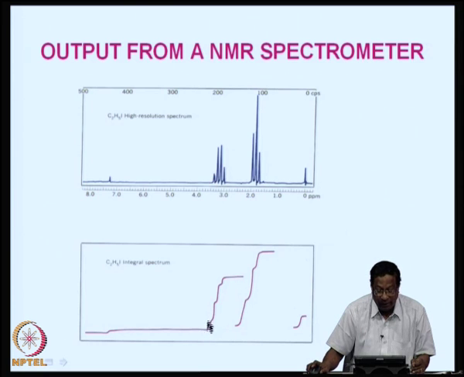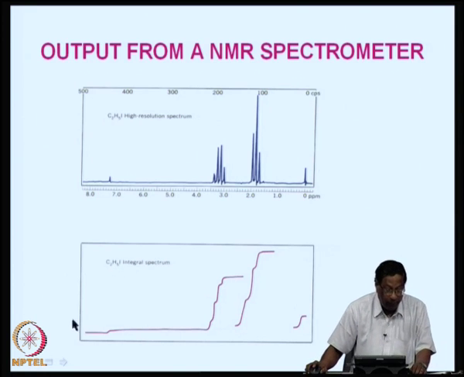For example, the integral in this range corresponds to this peak, and the integral in this range will correspond to this, and the integral here corresponds to this. So, with these integration data you can calculate how many hydrogens are there with respect to each other on each carbon atom, and this is the reference signal. So, this is how you would see an NMR spectrum.